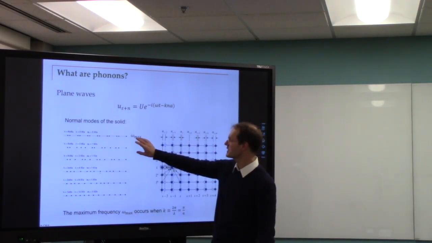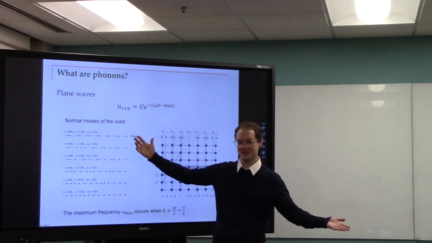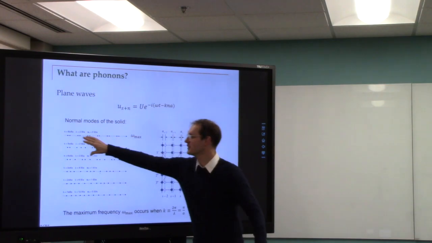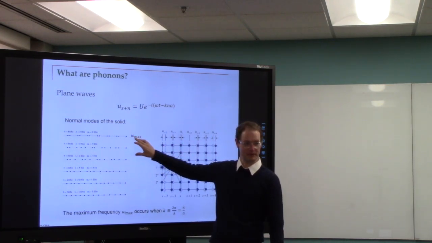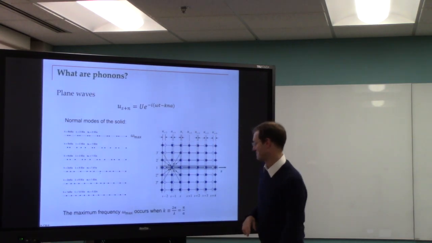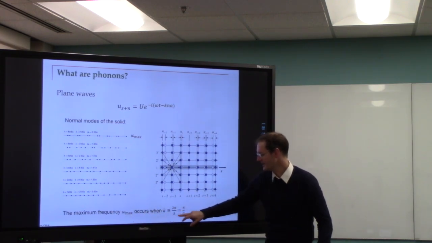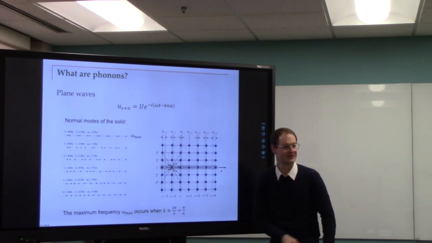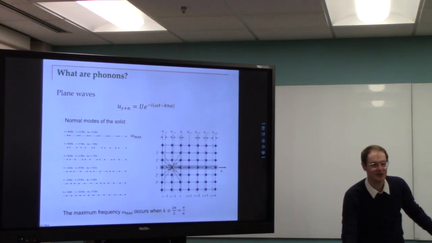So there's a frequency cutoff to this problem, and if you think of this as a really long molecule, then this is the normal mode with the maximum vibrational frequency. Okay? And so this maximum frequency occurs when k equals pi over the lattice constant. Okay, any questions about that?